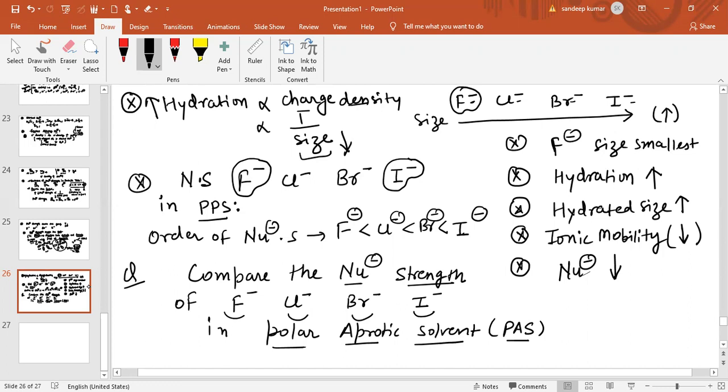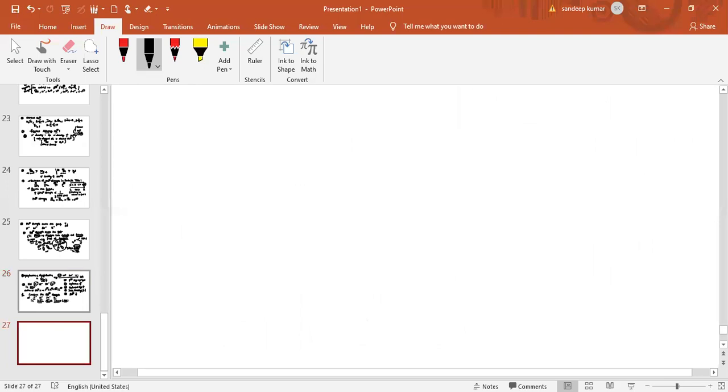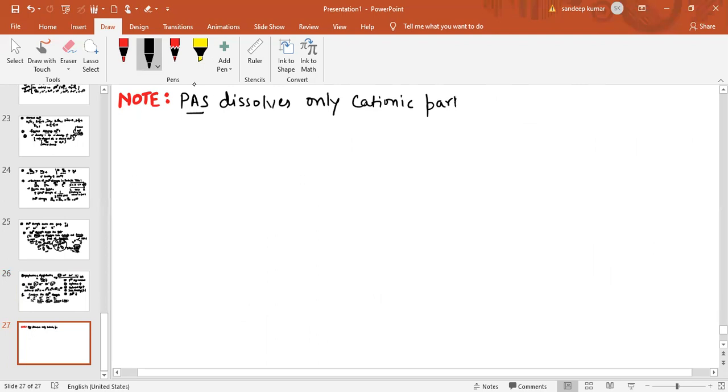Now see what happens in this case. As we have already studied polar aprotic solvent, the first point I'm going to discuss with you in the form of a note is that polar aprotic solvent dissolves only the cationic part of the reagent. This is the main point.